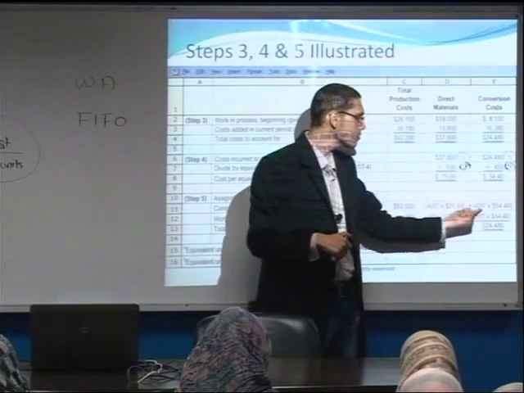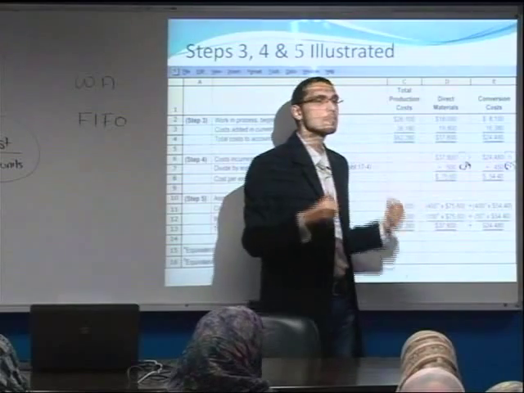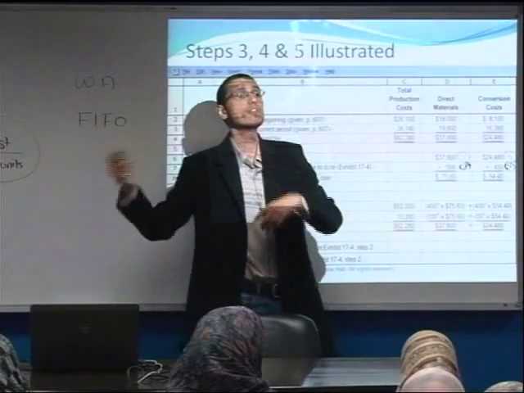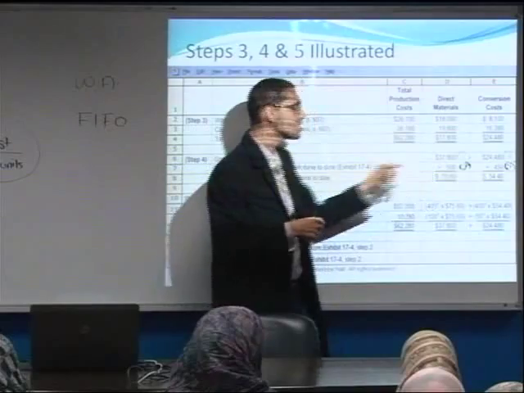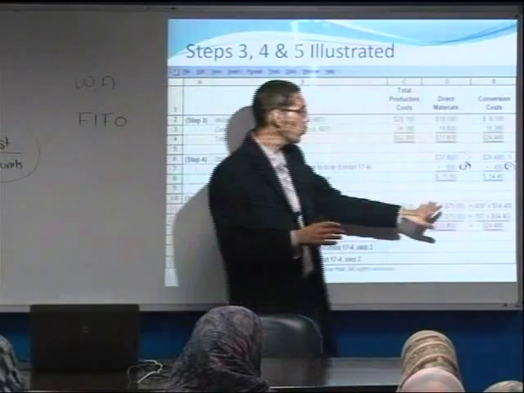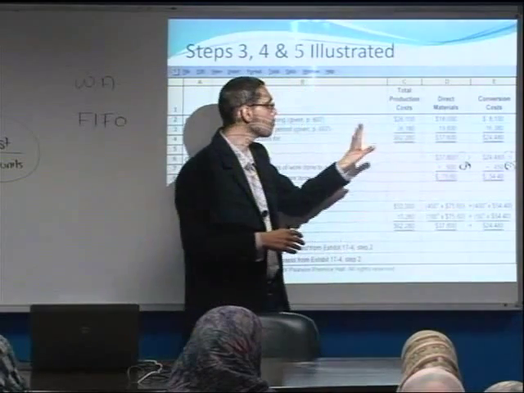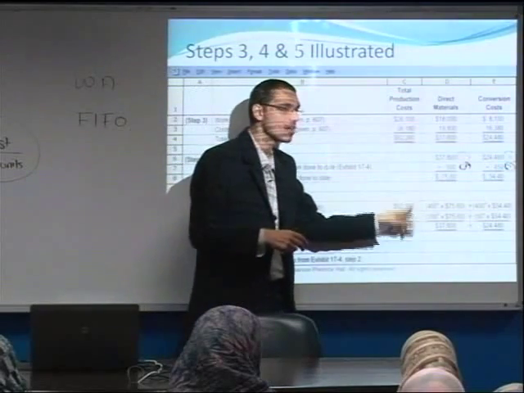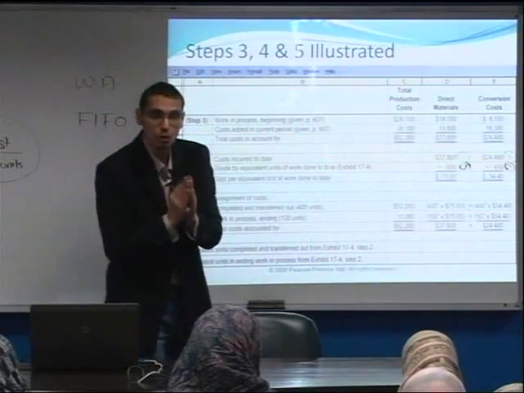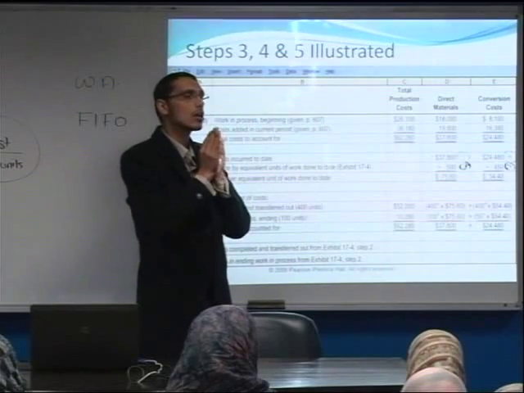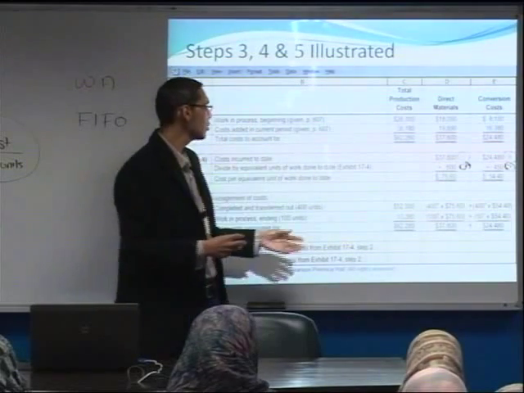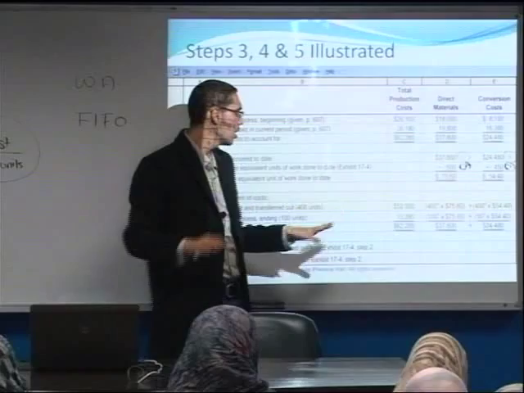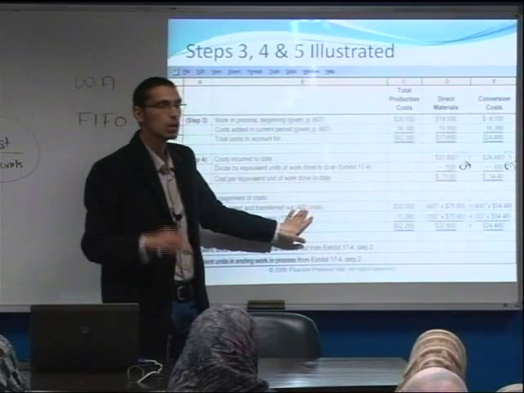These were taken from step number 2, multiplied by the cost per equivalent unit, which was taken from step number 4. Therefore, we now know that the production cost for the 400 units is $52,000. This is the cost for completing and transferring out the 400 units.